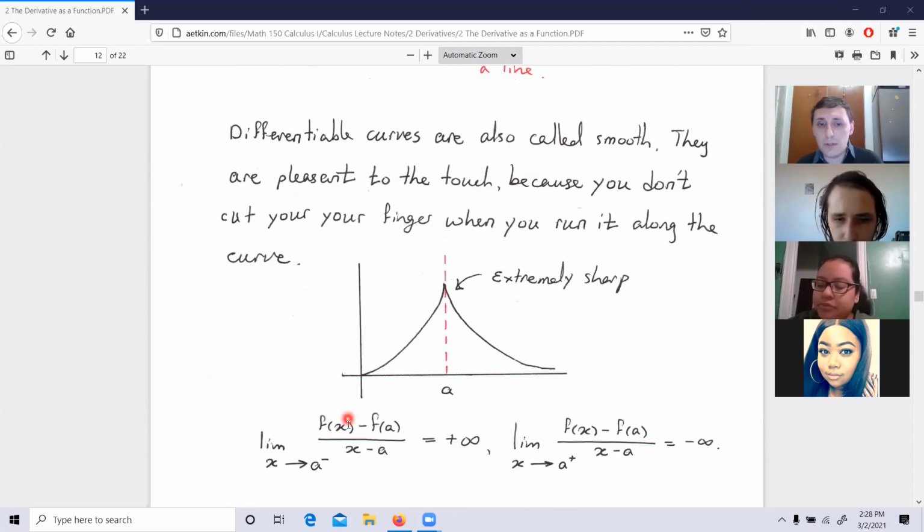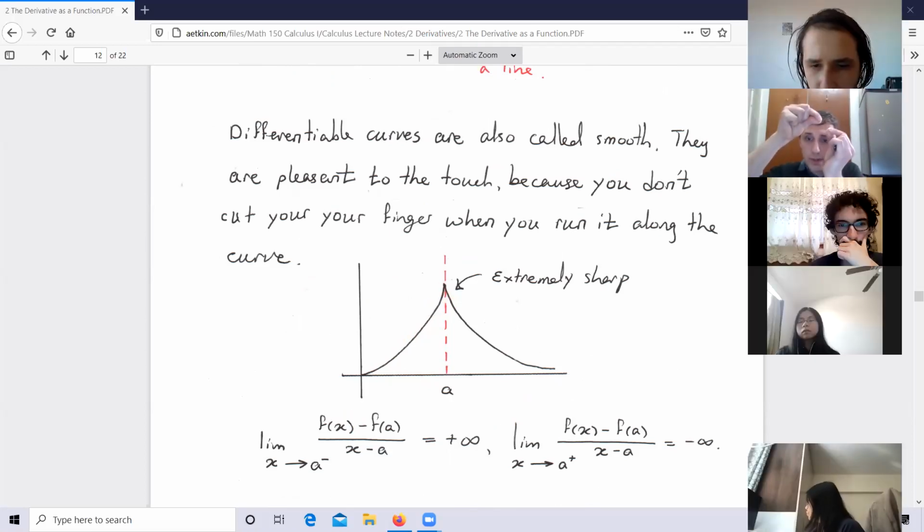Now, without even doing the calculation, do you see what would be the slope if I approach A from the left? How do I tell what's the slope? I just imagine taking 2 points very near each other on that curve from the left of A. Do you agree? Take 2 points very near each other, and you see that the line is extremely steep. Do you see what happens? So the slope approaches infinity.